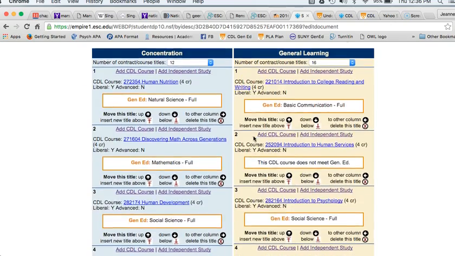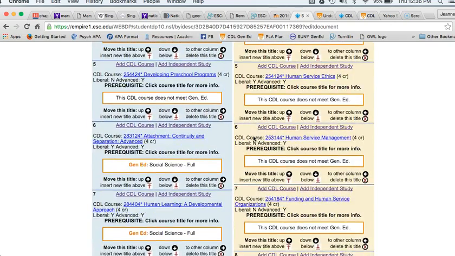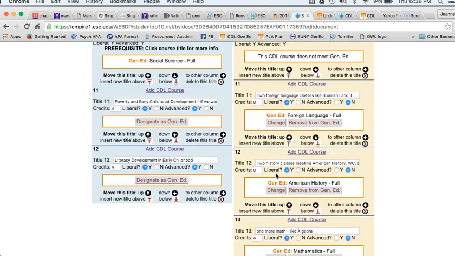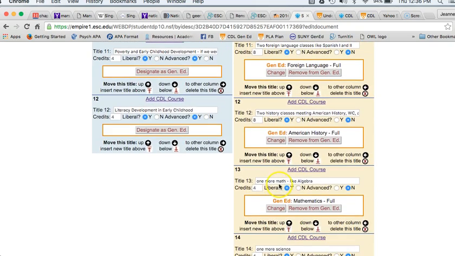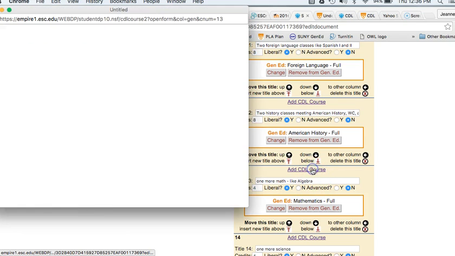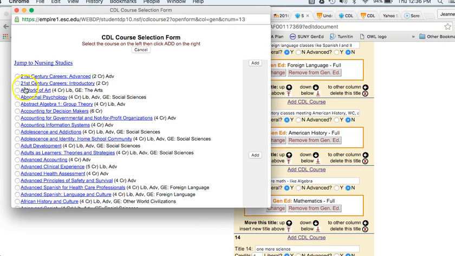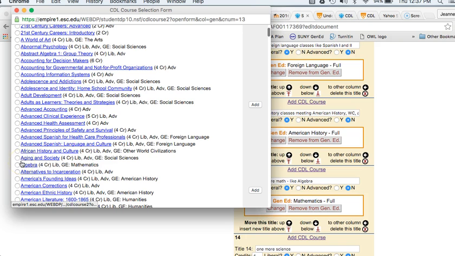All right, and we'll go down here, and you see where I had said another math class. One more math class like algebra. So I had typed this in as an independent study because that's the way I can type in whatever I want. I'm going to put in Add CDL course, and I'm going to put in algebra because I said she should take that. So there's algebra.